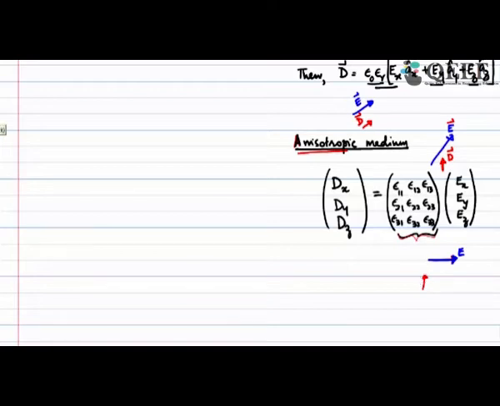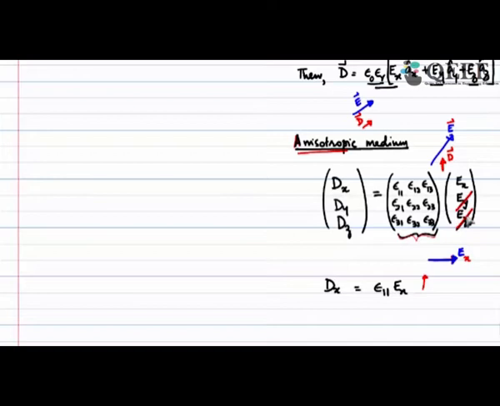Because if E has only an x component, Dx is epsilon 11 Ex, since epsilon 12 Ey and epsilon 13 Ez are 0.